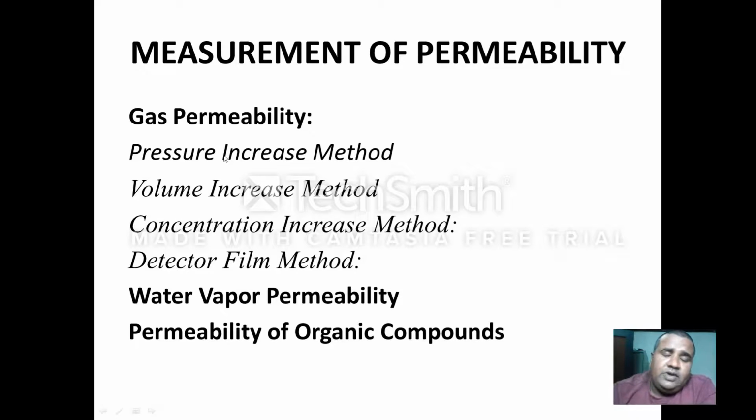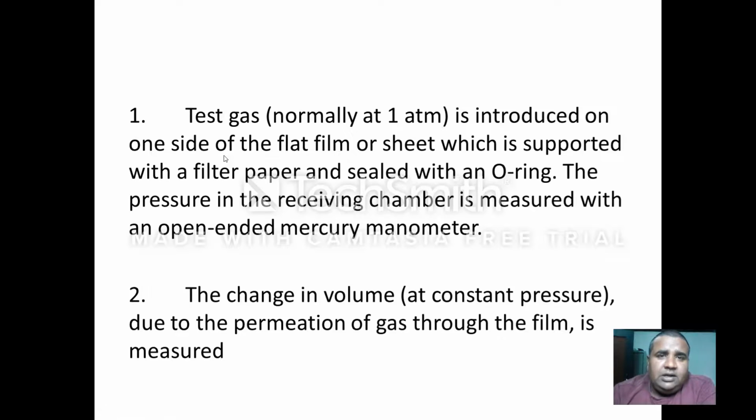When this increase in pressure takes place, it will be measured with the help of a manometer, and we can calibrate how much pressure has increased, and finally correlate it with the amount of gas that has travelled.